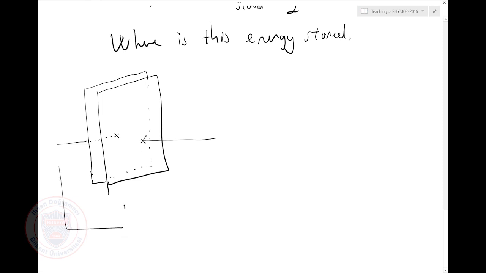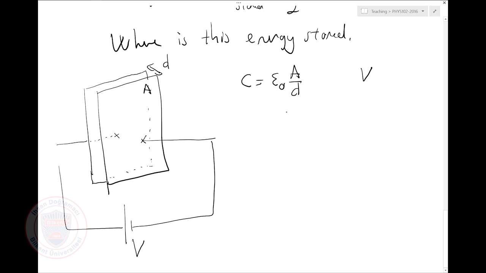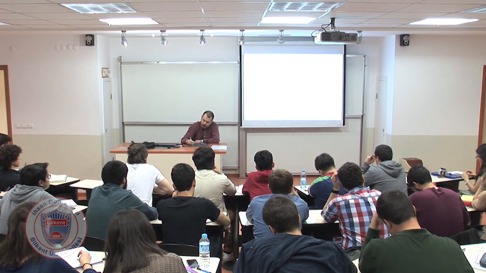Let's say I actually gave it V volts of potential difference, and it has area A, and the distance between the plates is D. If this is my capacitor, the capacitance is epsilon 0 A over D. If I'm charging it with voltage V, the energy stored is 1/2 epsilon 0 A over D times V square.